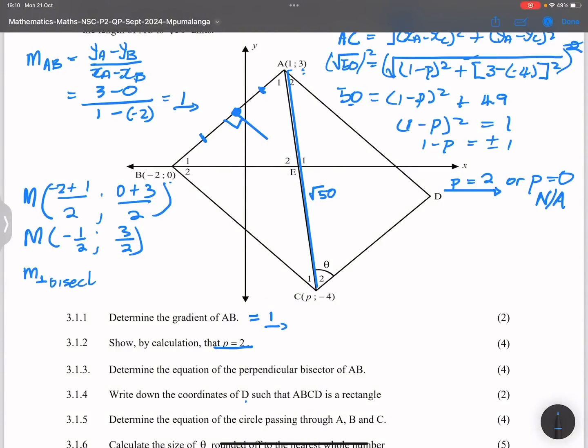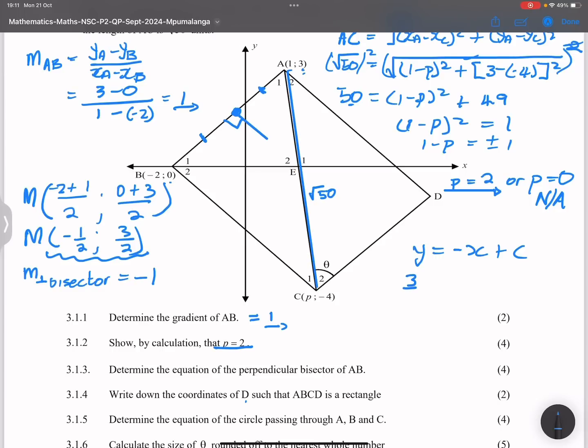Remember that the product of their gradients must give us -1. So the equation would be y is equal to -x plus c. Now let's put in the coordinates of M there.